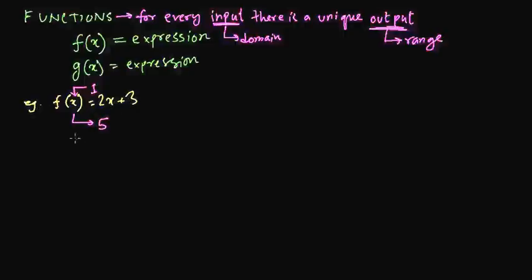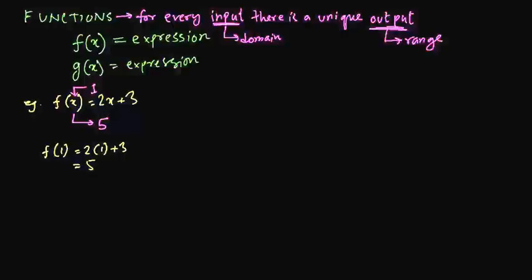So f(1) equals 2 times 1 plus 3 equals 5. Instead of x here, you put 1, so it becomes 5. This is called evaluating a function.